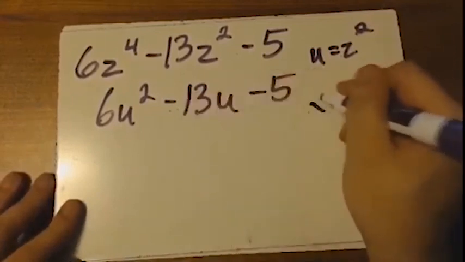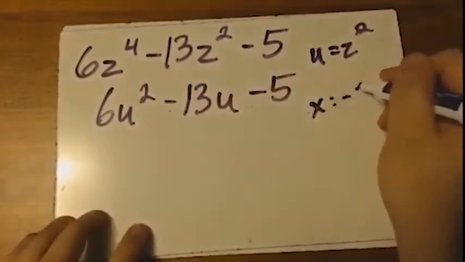And then we factor that, AC method. 6 times negative 5 is negative 30.